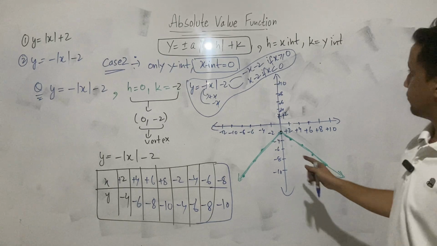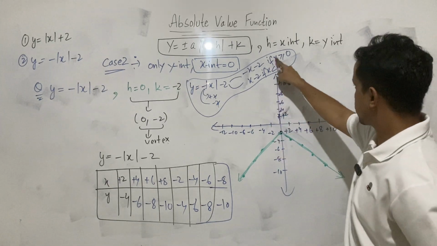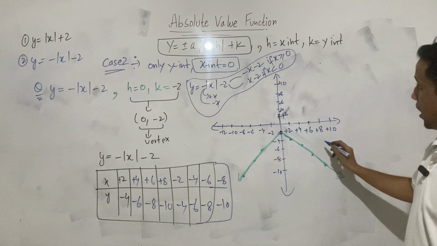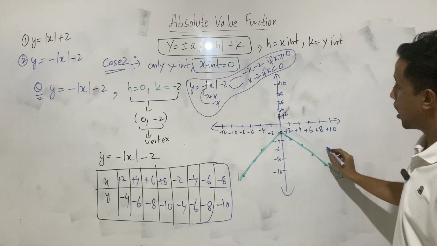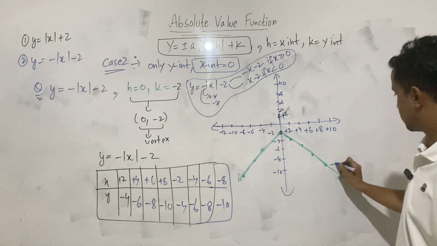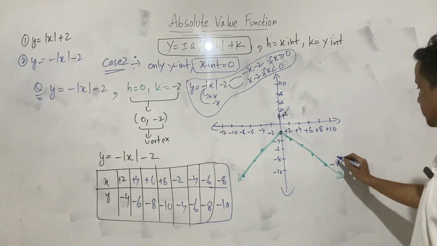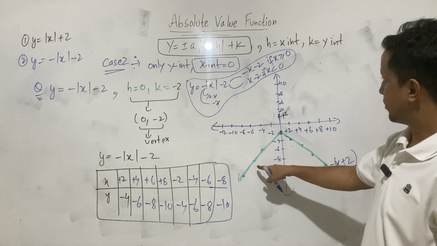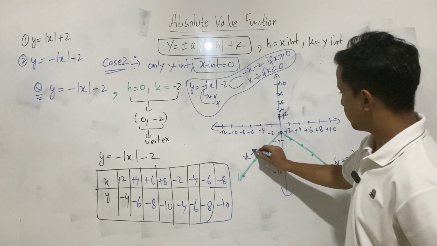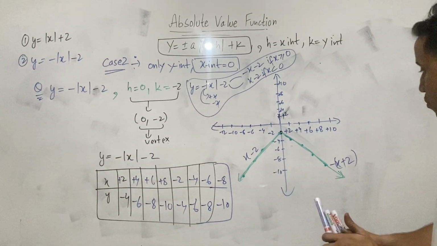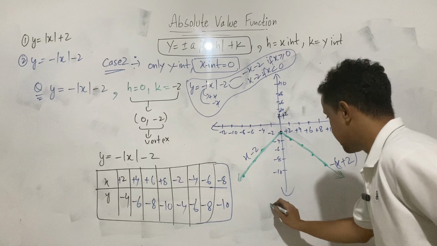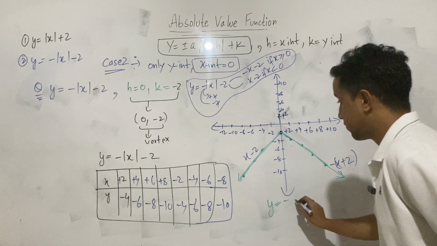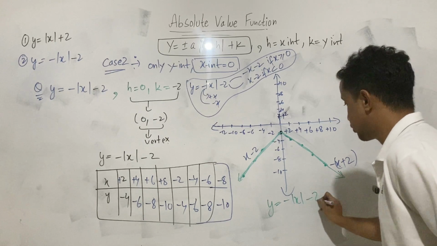So if x is greater than or equal to 0, this is minus x minus 2, and this side it is x minus 2, and this whole represents y equals negative of absolute function x minus 2.